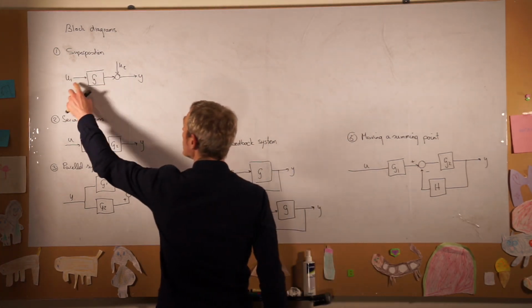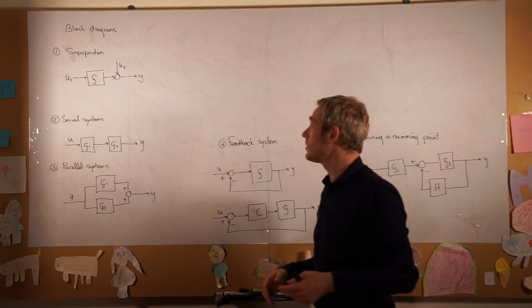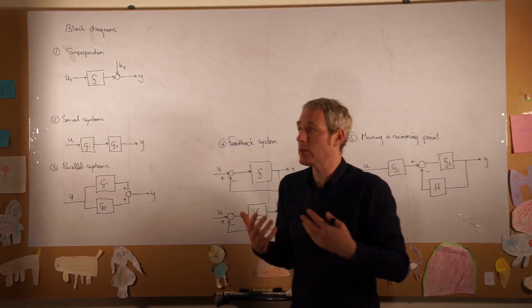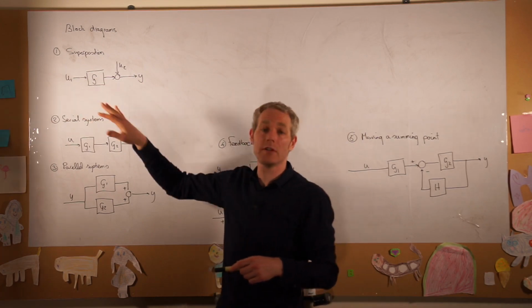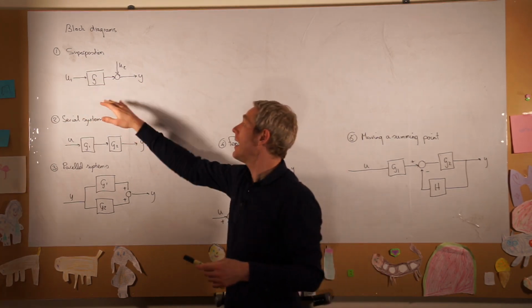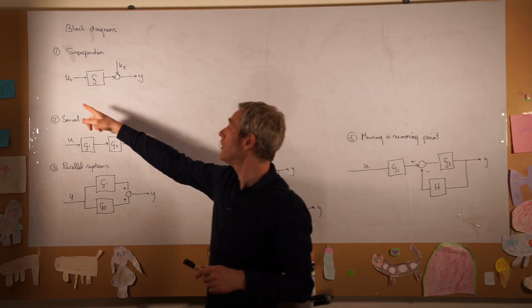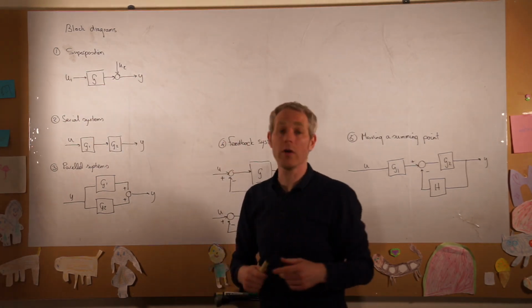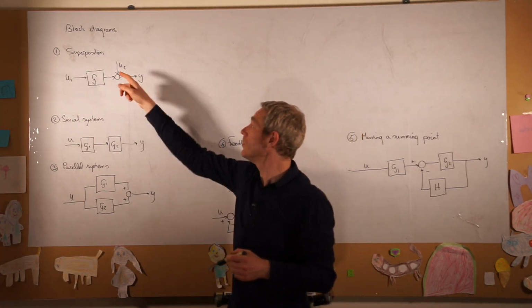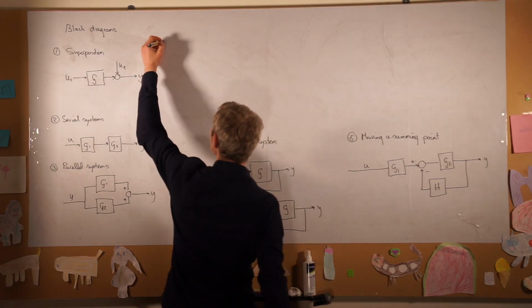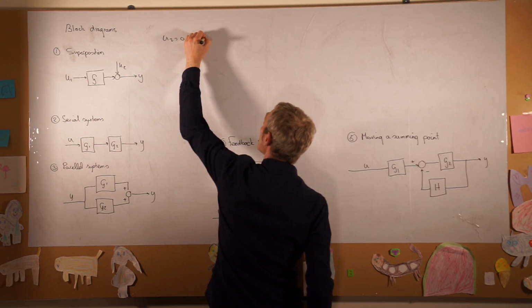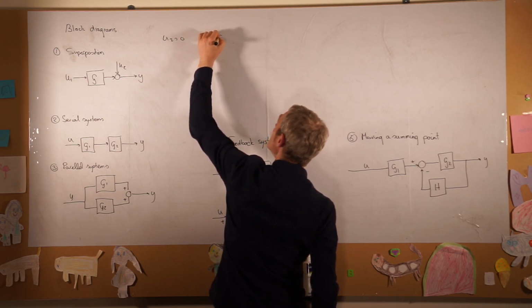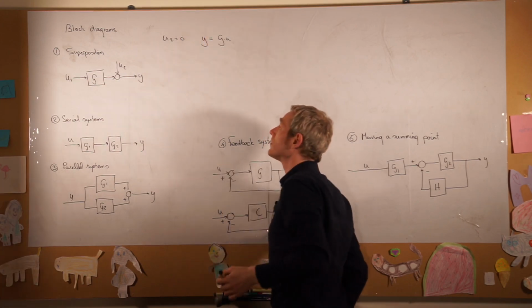Here I have U1 and U2 as two inputs, and the second input could be a disturbance, could be anything really, and we have our output. We have one single system, G. Let's start with U1, and we put U2 equal to 0. In the first case, U2 is 0 and we have Y is G times U1.